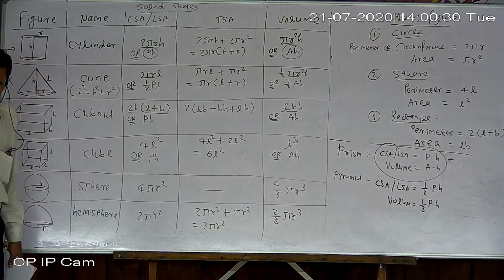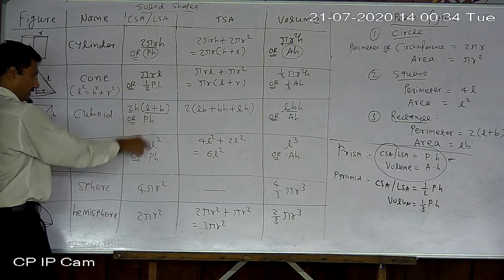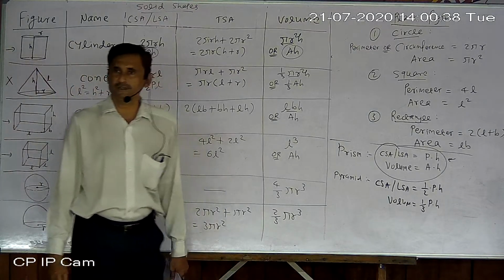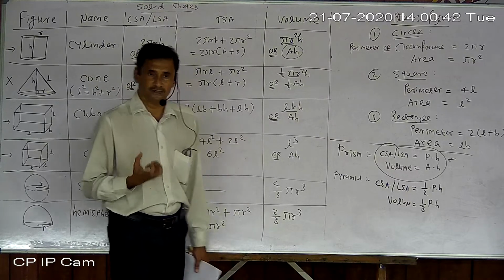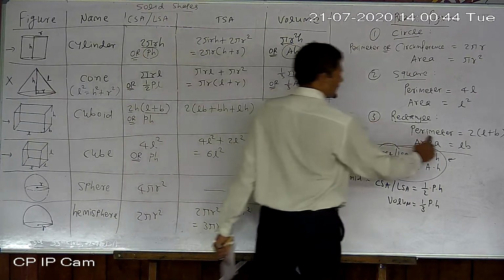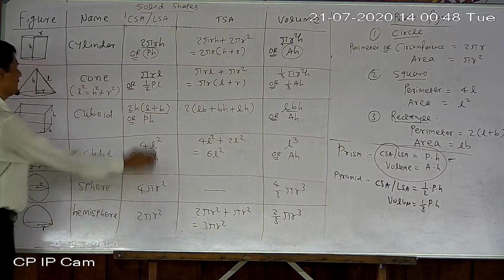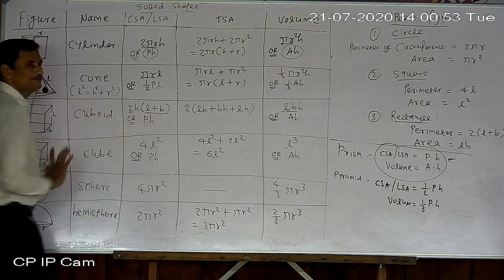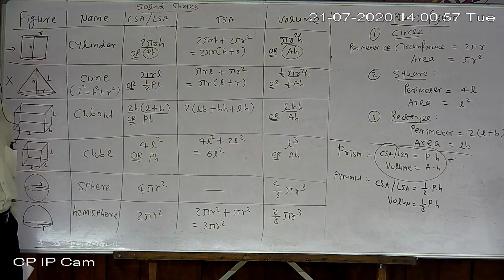Height is height. Now look here. Perimeter is into height again in all three. But what is the perimeter? Perimeter of the base. Now the base is rectangular here, so perimeter is equal to 2(L plus B). So I underline here 2(L plus B) into H. So that is where 2(L plus B) comes from. You understand?